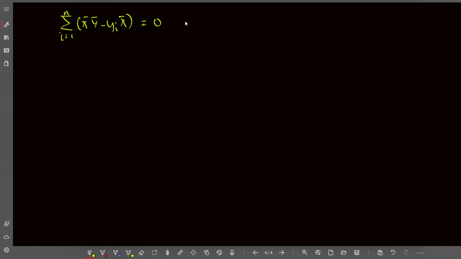I covered this in my very first videos in probability and statistics. Similarly, I also know that summation i equals 1 to n of x bar square minus xi x bar is equal to 0. Again, a property of mean. So these are the two equations that I know from properties of mean.